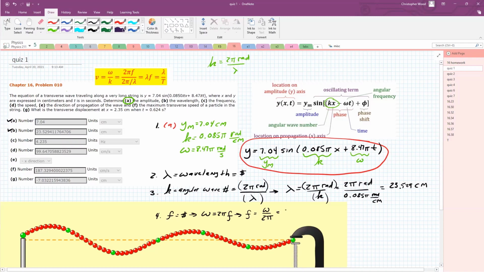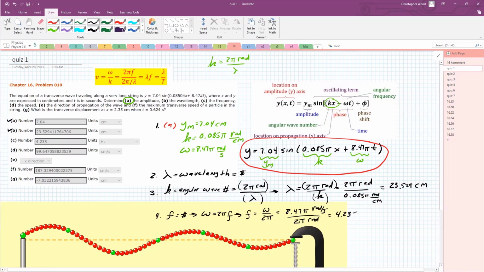And my omega is given right in the provided wave equation, 8.47 pi radians per second divided by 2 pi radians equals 8.47 divided by 2, or 4.235.